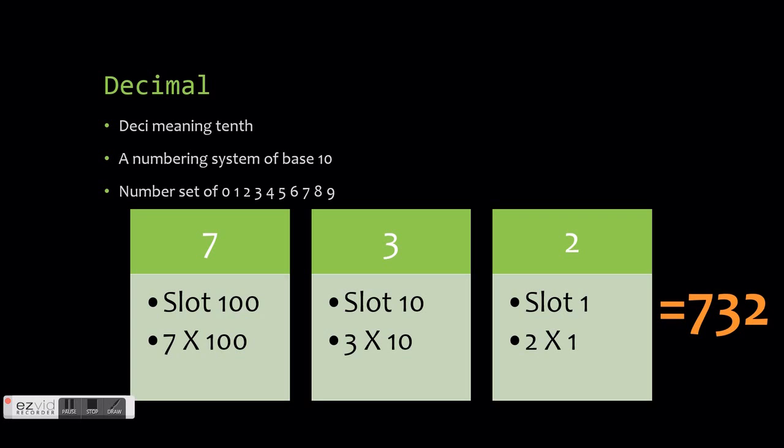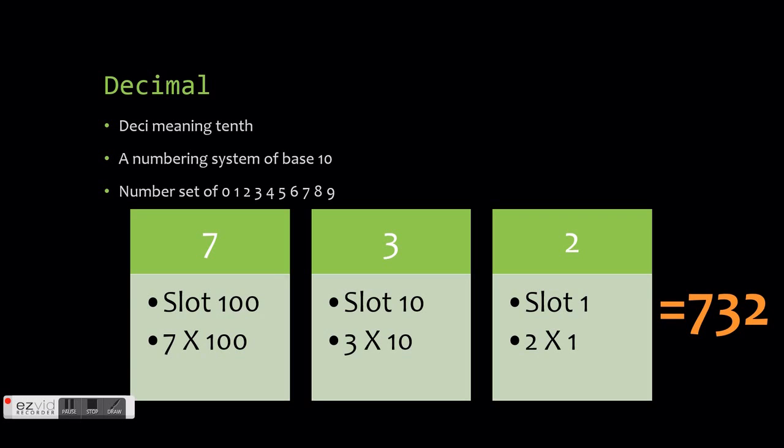To determine the value of this number, 7, 3, and 2, we take the 2 and multiply it by 1. Then we take the 3 and multiply it by 10. We take the 7 and multiply it by 100. We add the three together, 700 plus 30 plus 2, to find the value of 732.